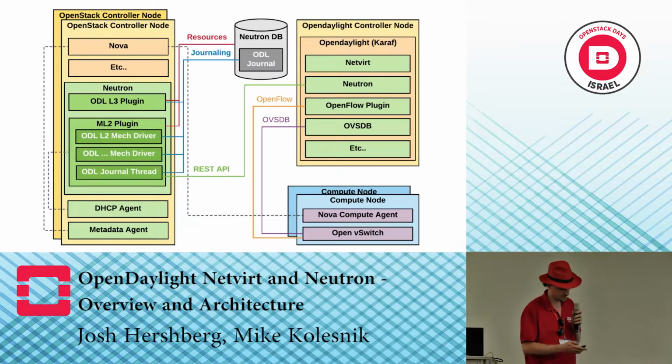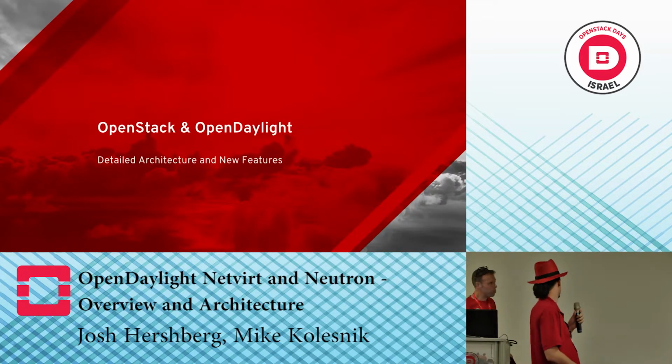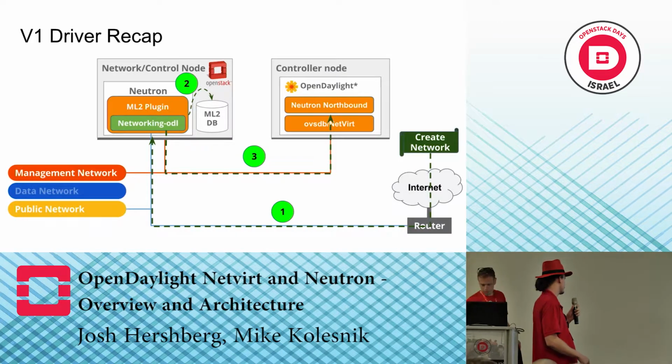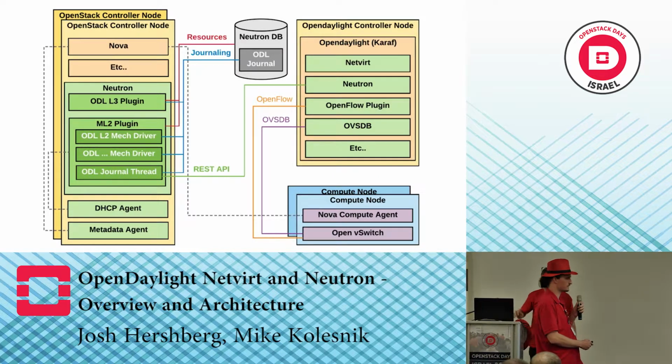Okay, so this is a high-level overview of the integration itself with Neutron. On the left we have the OpenStack controller node. Obviously, we have the normal services like Nova, Keystone, etc. running on it.